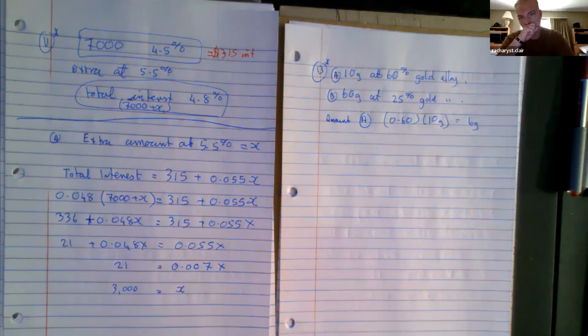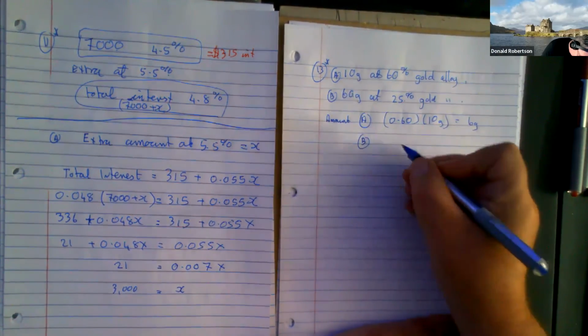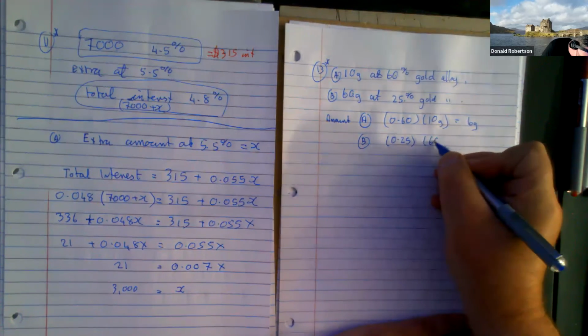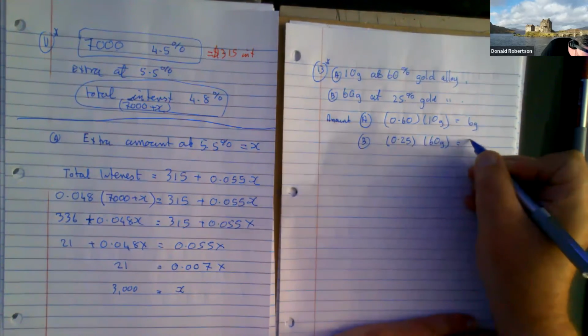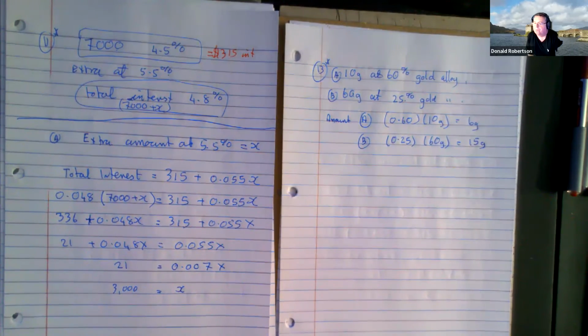Now, if you do the other one, you're going to get 25% of that one. So 25% of 60 grams of an alloy, you end up getting 15 grams of pure gold out of that one. Imagine you took the thing and you melted it down.